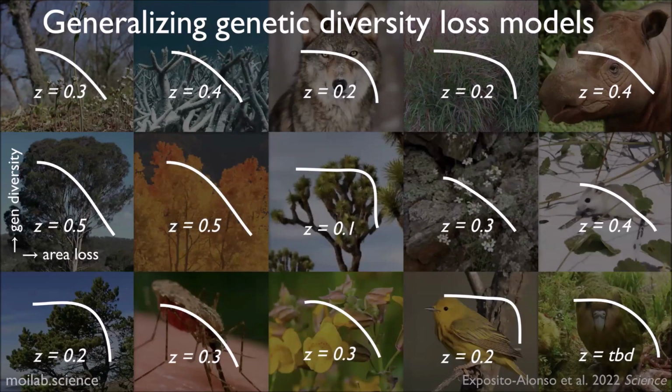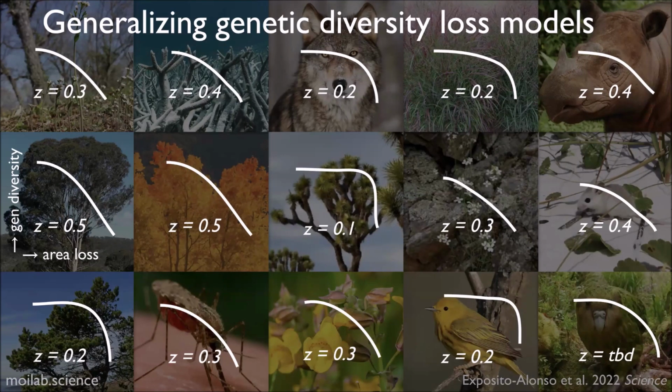And this is a cartoon representation of the results. We fitted the mutation-area relationship for each of these species. And what we see is that the genetic diversity decreases with area loss, right? If we do the same kind of simulation scenario, there are differences that can be captured or absorbed by these scaling coefficients, which might tell us something about the strength of population structure, the migration rate, the gene flow that is species dependent and depends on some traits.